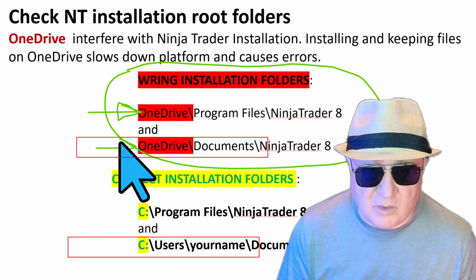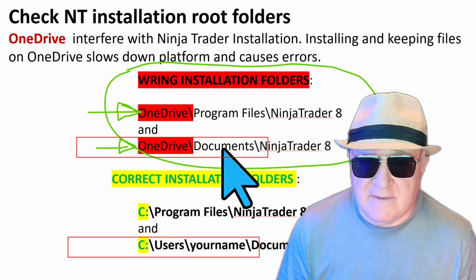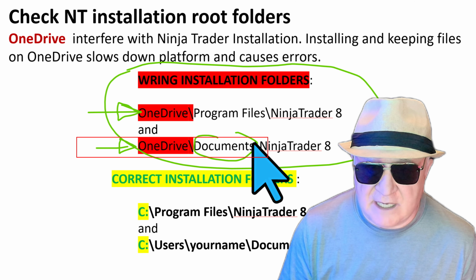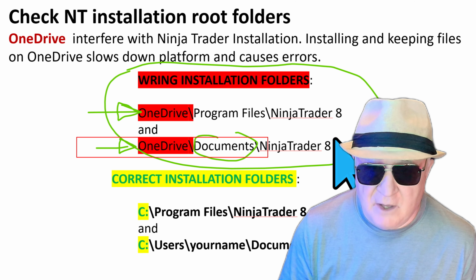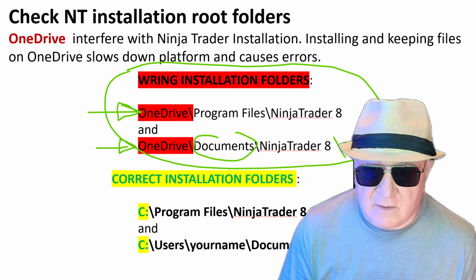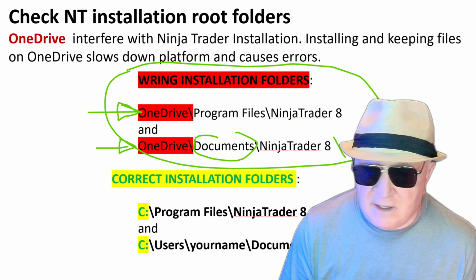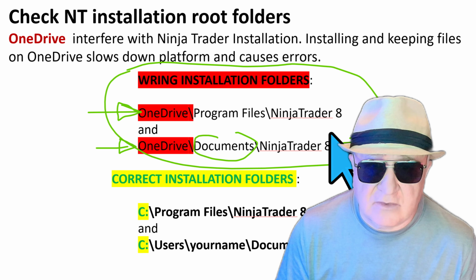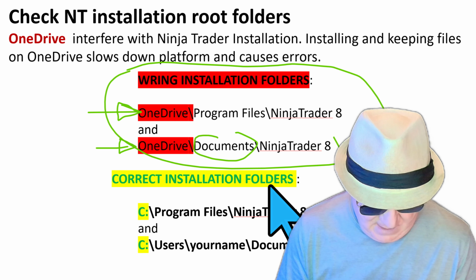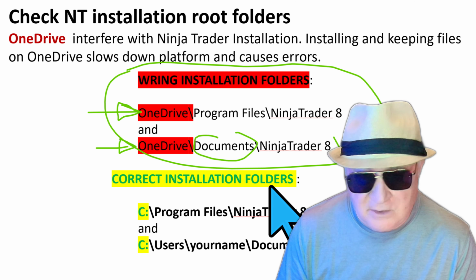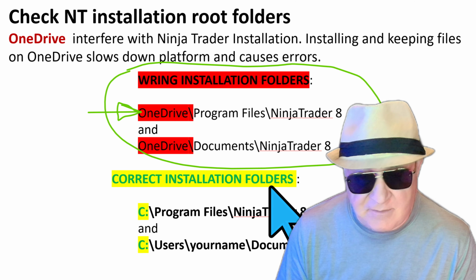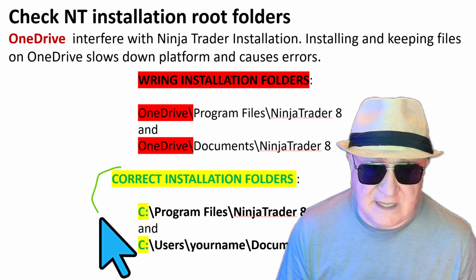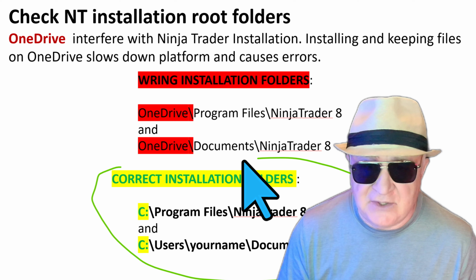This is the folder where Ninja keeps its files, in your documents folder, slash NinjaTrader 8. There will be files that you keep, like indicators, charts, and all of that. So this is an incorrect way to install it, and you absolutely must check it and be confident that your NinjaTrader platform is installed in the correct destination.